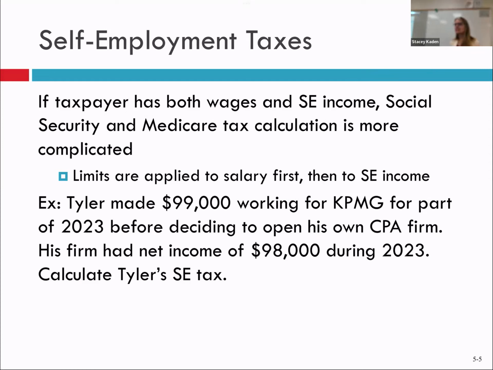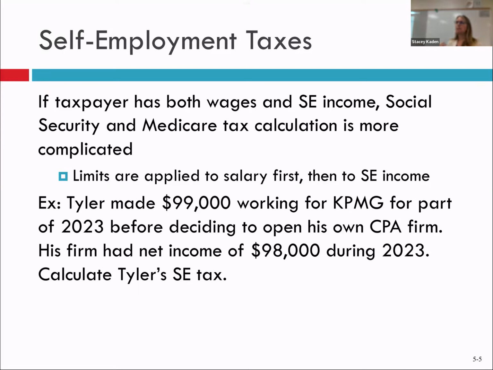If you have a self-employed individual and all they are is self-employed, then the calculation's pretty easy. But you do have individuals who maybe have a job and they're self-employed.